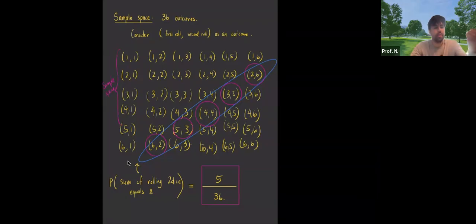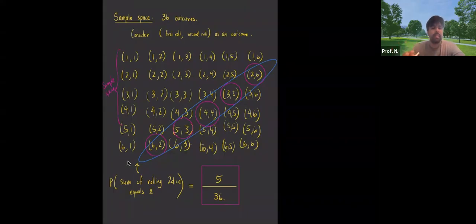I said there's a first roll and there's a second roll. So by making this probability experiment sequential, with the first die and the second die, I was able to enumerate all of the outcomes in this manner. So of course, 6 plus 2, 2 plus 6, you can just interchange and swap them and they add up to 8, no matter what.